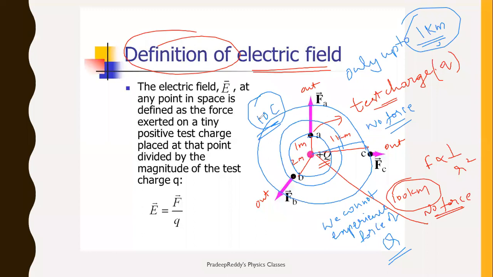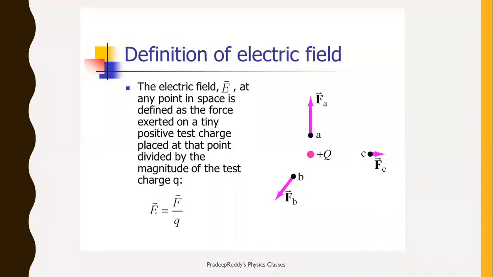If you are increasing this to 20, then it becomes 2 kilometer. Suppose you are considering this as 30 coulomb, it will be 3 kilometer. Therefore, the range of vicinity in which the test charge experiences the force depends upon the magnitude of this capital Q charge.